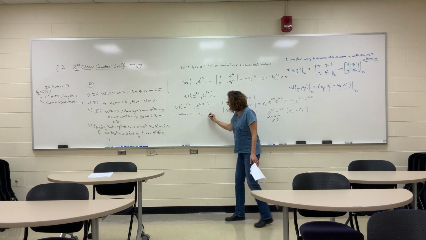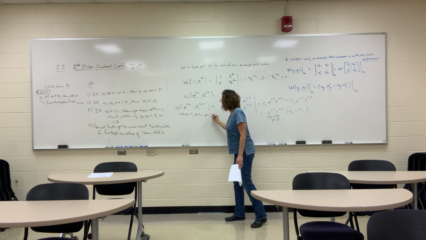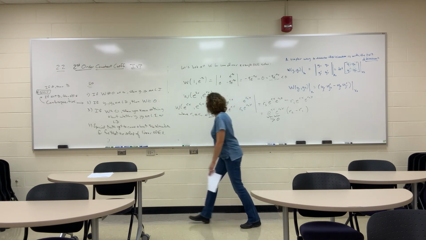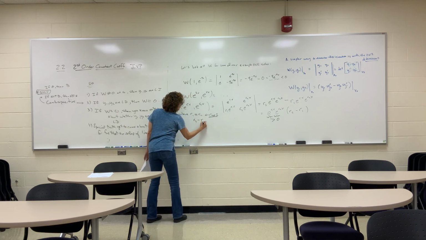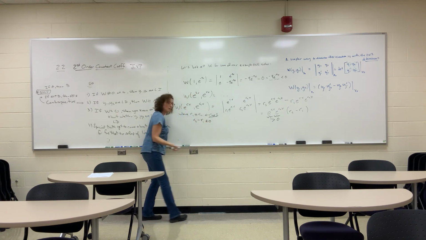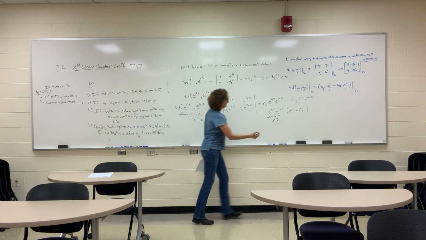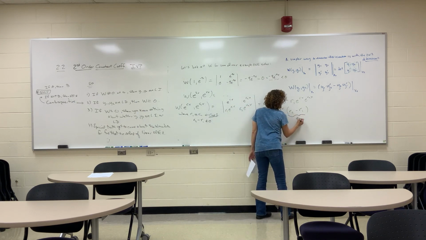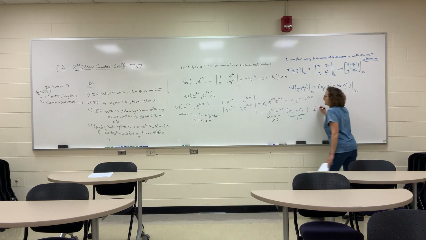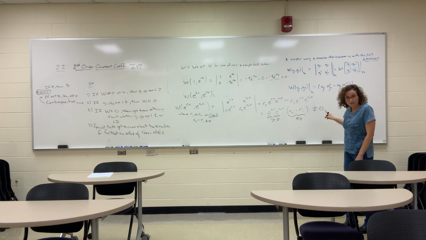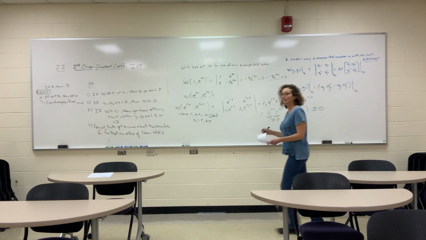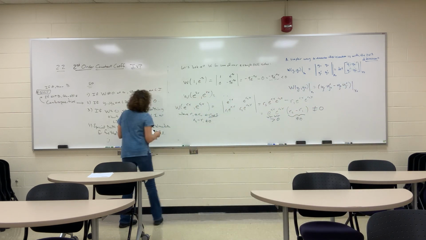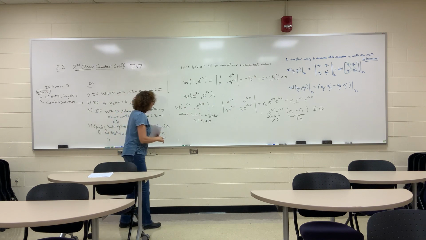Well, in case 1, r1 is not equal to r2. So r2 minus r1 is not 0, and so we can say this Wronskian is never 0.